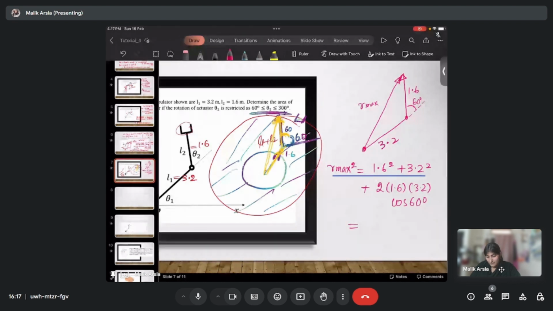Four point eight, ma'am. 4.8, this length is coming out to be 4.8? Wait, let me calculate it once.